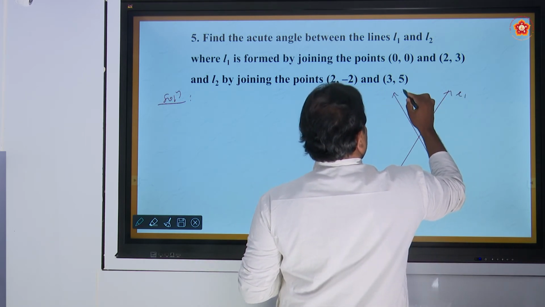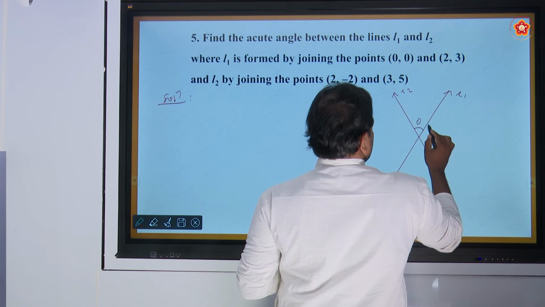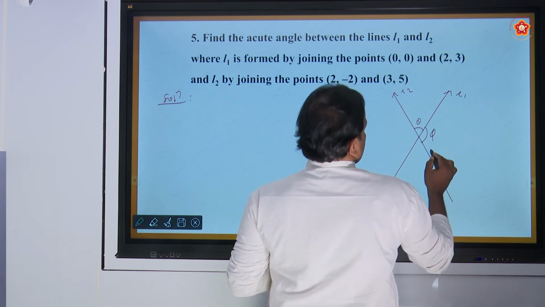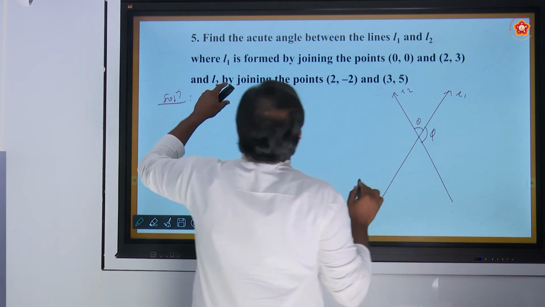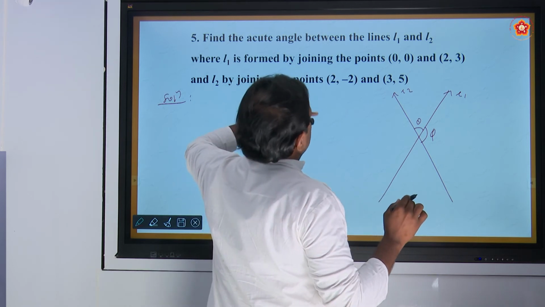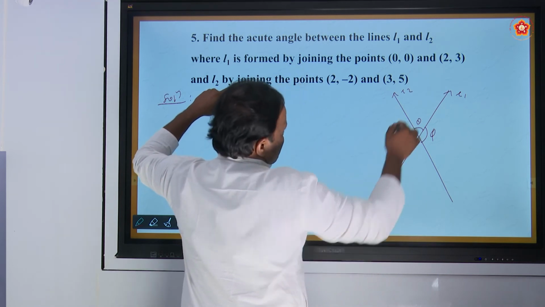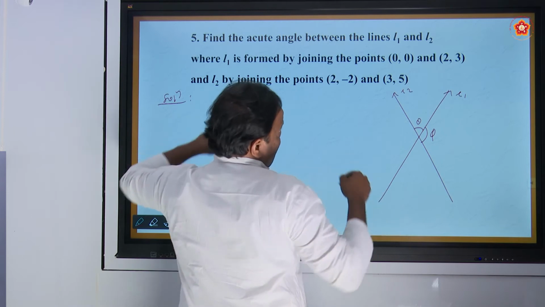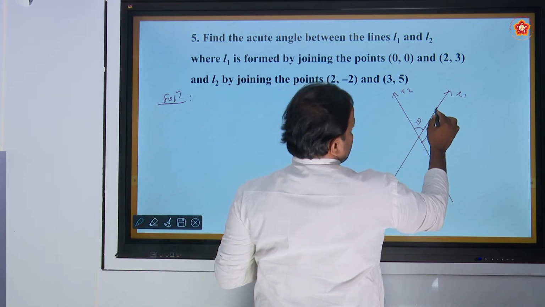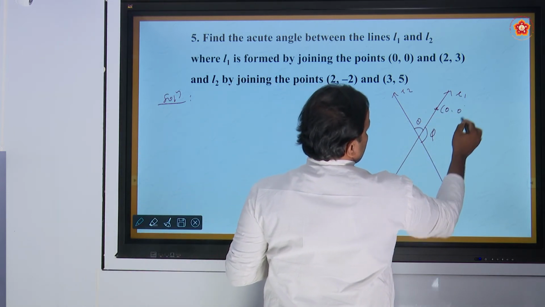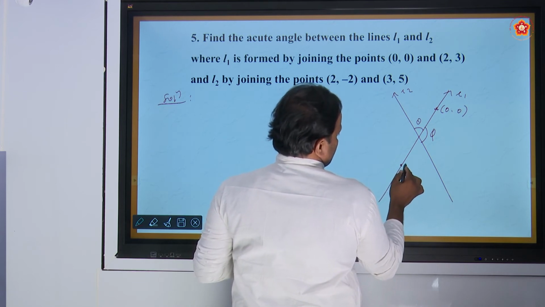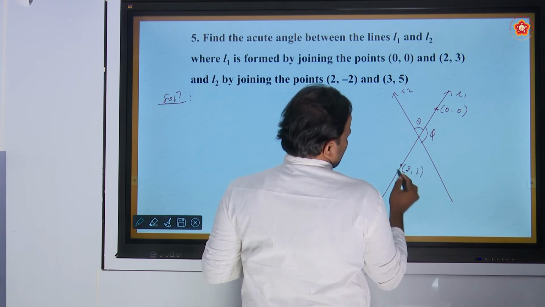Find the acute angle between the lines L1 and L2, where theta is the acute angle and phi is the obtuse angle. L1 is the line formed by joining the points 0, 0 and 2, 3. Just draw a rough figure.